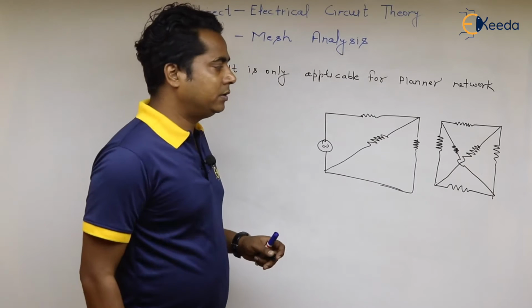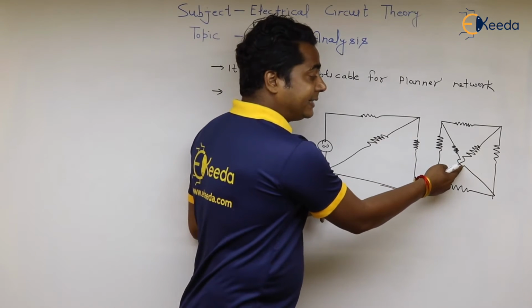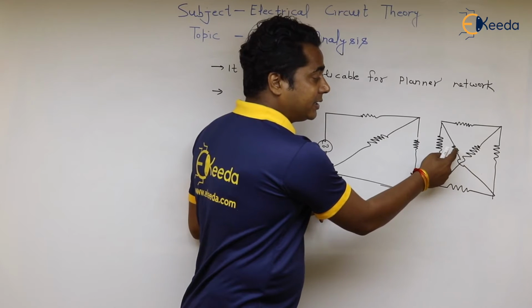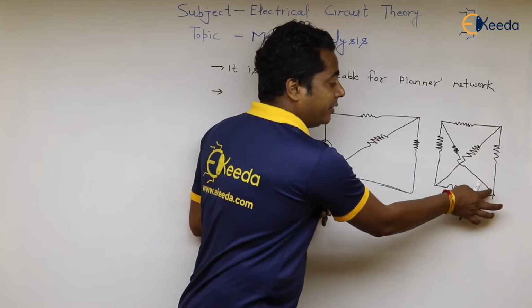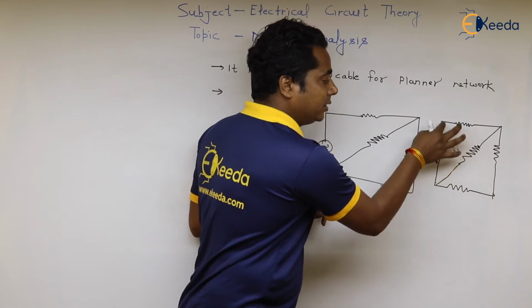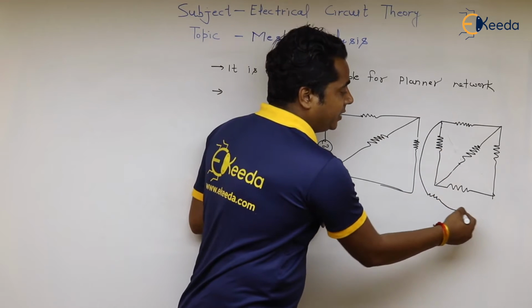This is also planar. You can see here that this resistor crosses this, but if we represent it carefully, then we can also draw it by connecting these 2 points through a resistor.